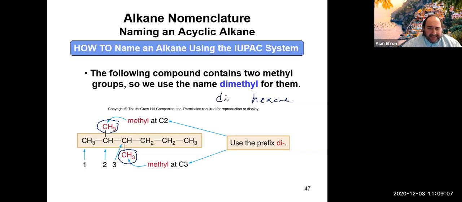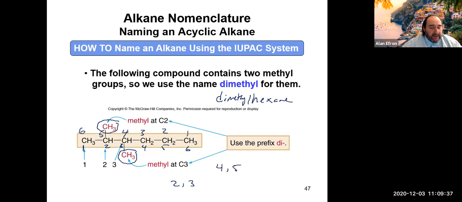So again, dimethyl, because there are 2 methyl groups, does not have to be on the same carbon, but in the same compound. And a numbering, we could go 1, 2, 3, 4, 5, 6, or we could go 1, 2, 3, 4, 5, 6. Going left to right, we have groups at 2 and 3. If we went right to left, our groups would be at 4 and 5.